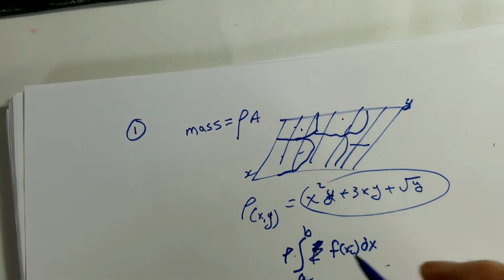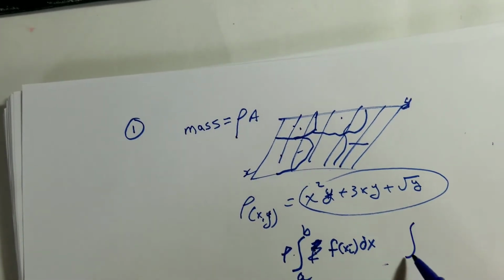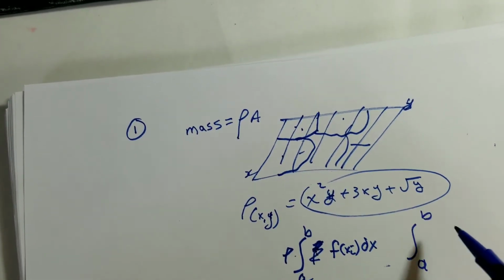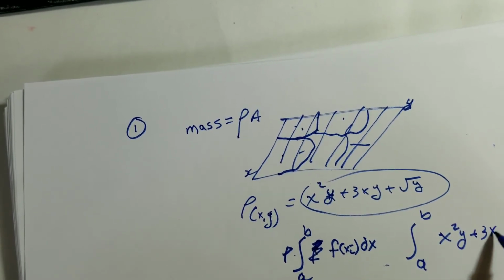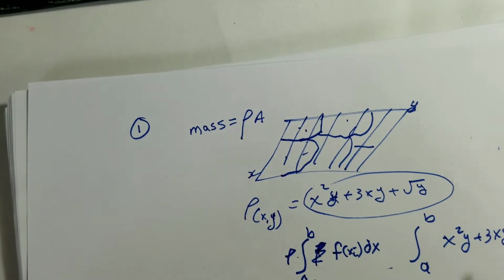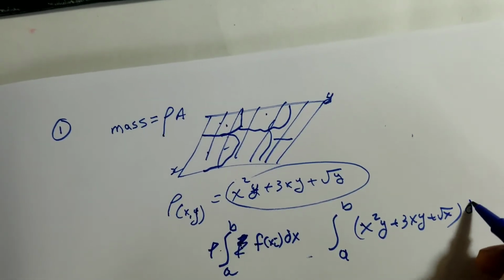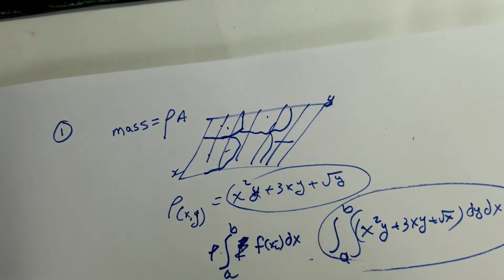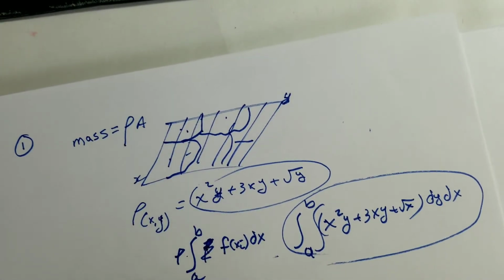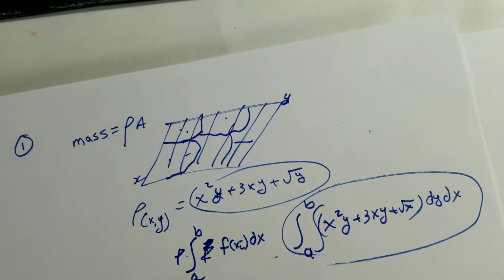But what happens if rho is not constant? Then no longer can you use the single integral, you have to use double integrals, dy dx, to be able to find the mass. That's number one. Somebody else, okay, give me another example.